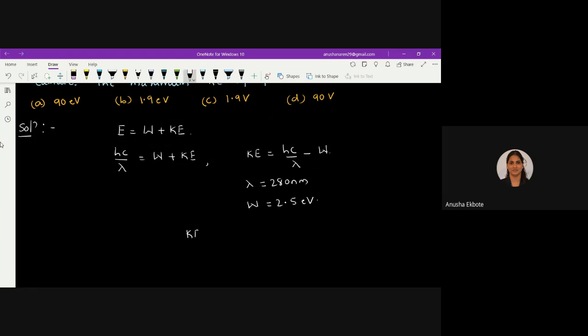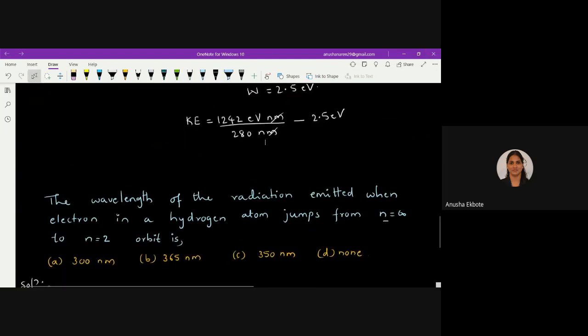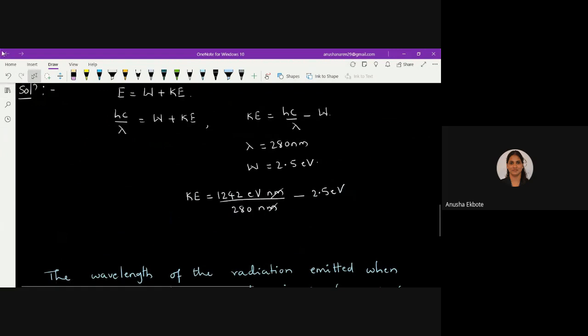The required kinetic energy is equal to hc, which we already know, 1242 eV nanometer, divided by the wavelength 280 nanometer, minus the work function, that is 2.5 electron volt. Here nanometer gets cancelled. So when you solve this, the first term value will be equal to 4.4 eV minus 2.5 eV. So this comes to 1.9 electron volts. So this is the answer.